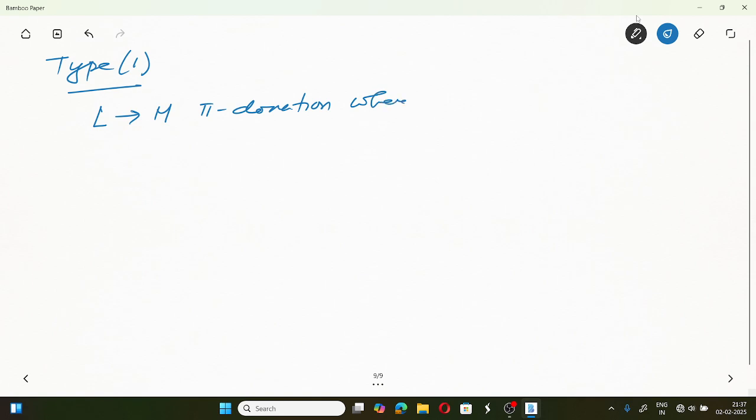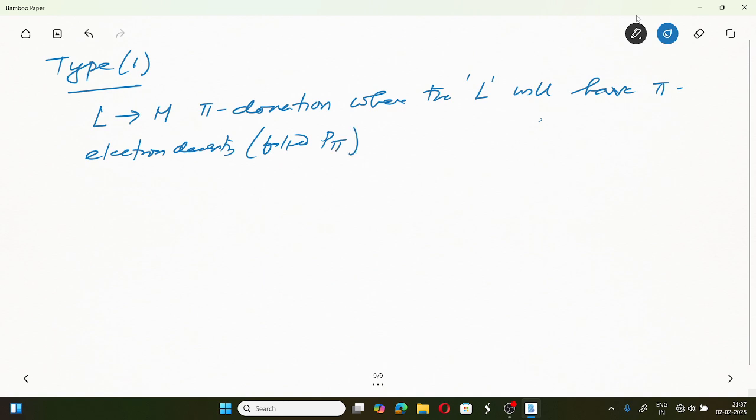where the ligand will have excess pi electron density, ঠিক আছে, it can be filled, p pi will have excess pi electron density.